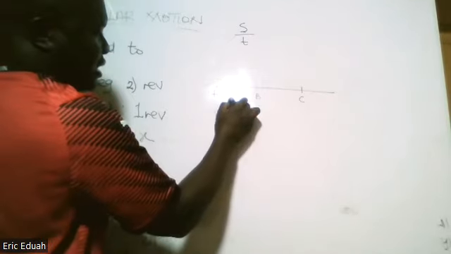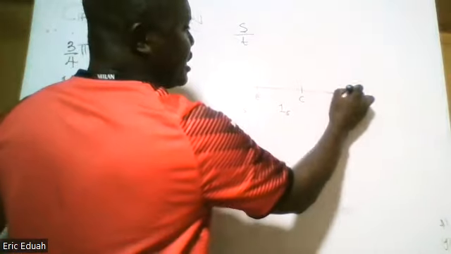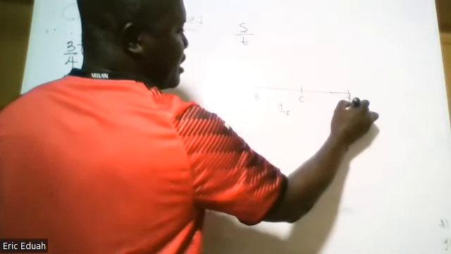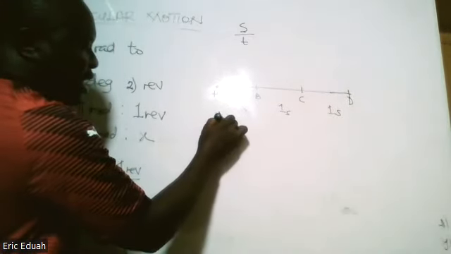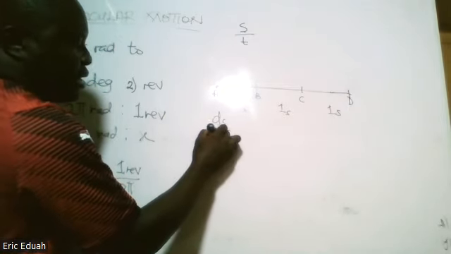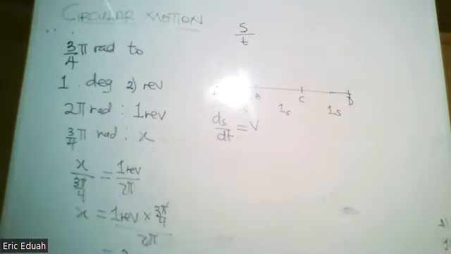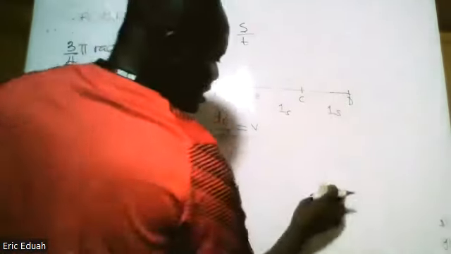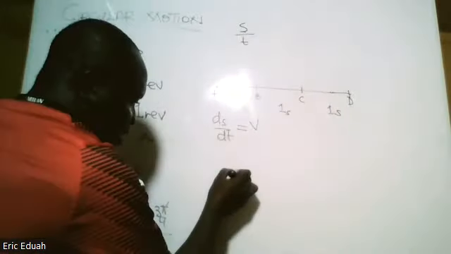Let's assume 1 second. So within equal time intervals, its displacement is changing. When there is a change in displacement, delta S, with changing time, dt, we have velocity. So the rate of change of displacement with time generates velocity.